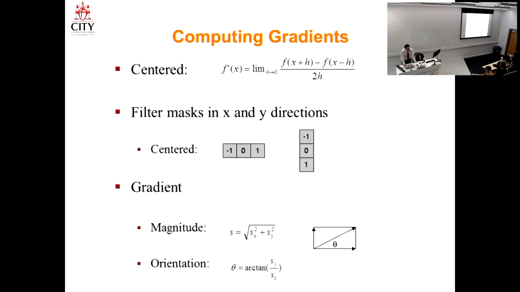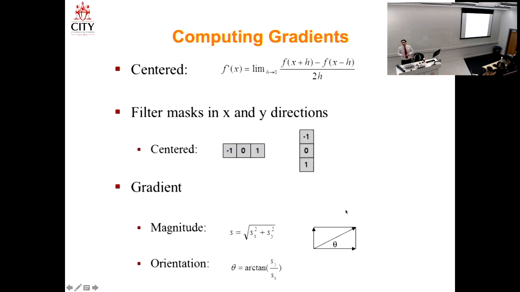So the simpler way for detecting the orientation of an edge, at a location in an image, is just computing the gradients. So what we had before, we had two kernels. You remember these two, right? These are edge detectors. So we could detect the vertical and horizontal edges using these two filters, right? So what I do here is I'm going to apply these two filters on my image.